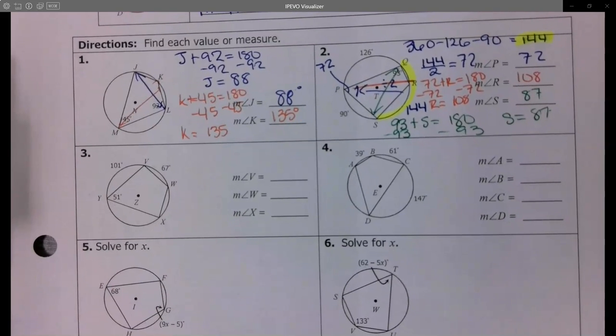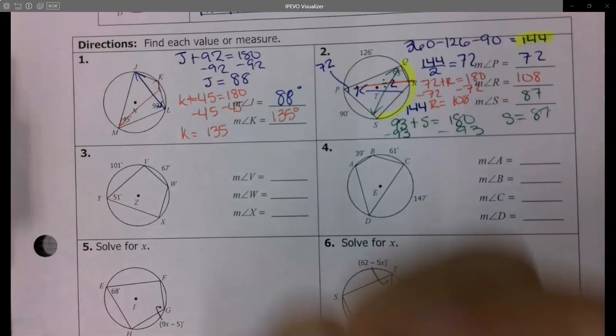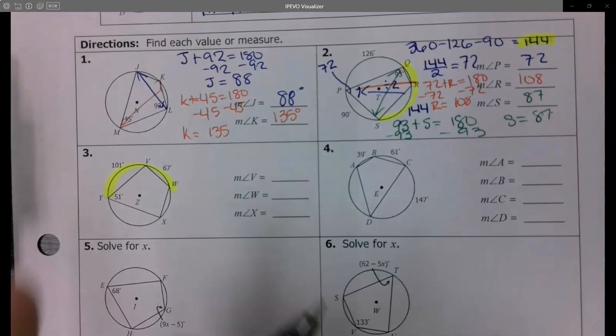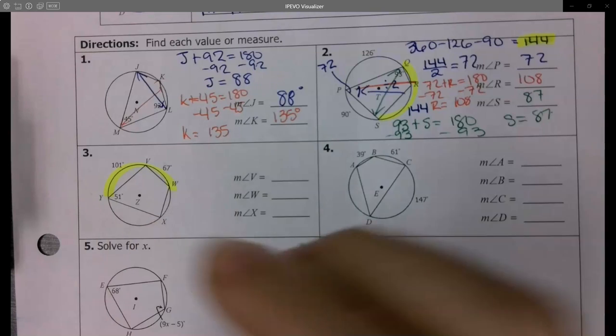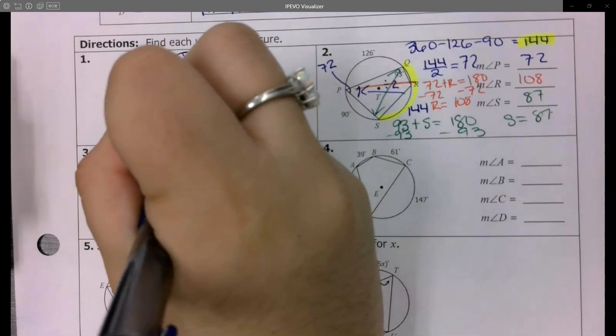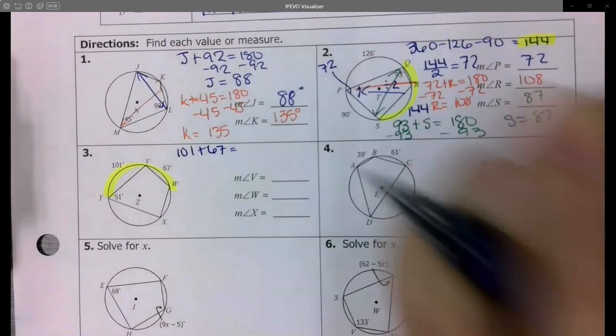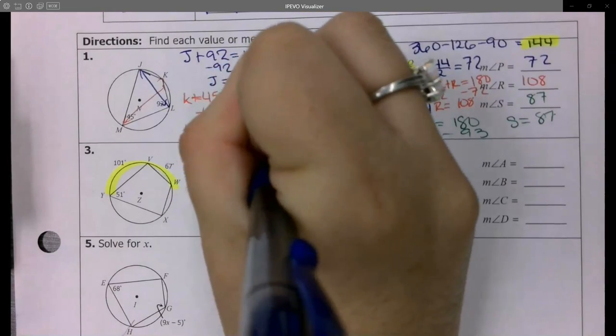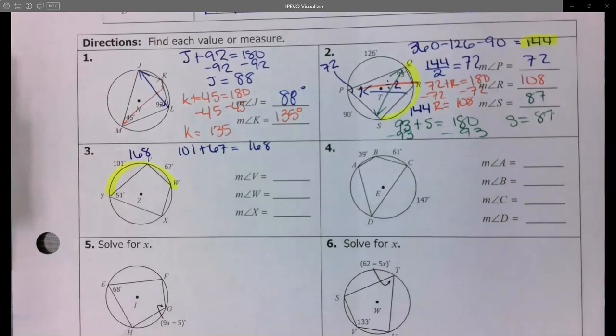Okay. So number 3, if I take a look at this, I'm going to start off with x on this one. So I have my arc length here, where I can find that by adding those two angles together. If I find that, half of that is going to be my x value. So I'm going to do 101 plus 67, which gets me 168, and that's the total length of the part I highlighted in yellow.